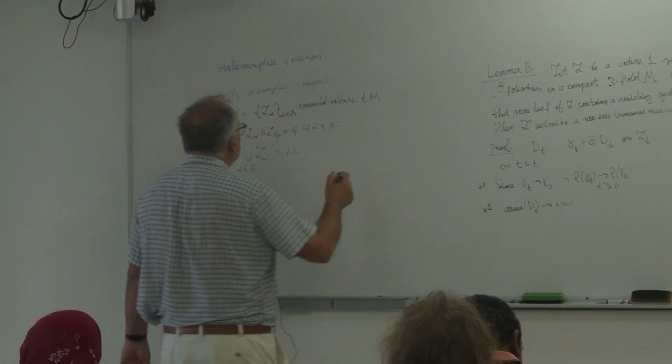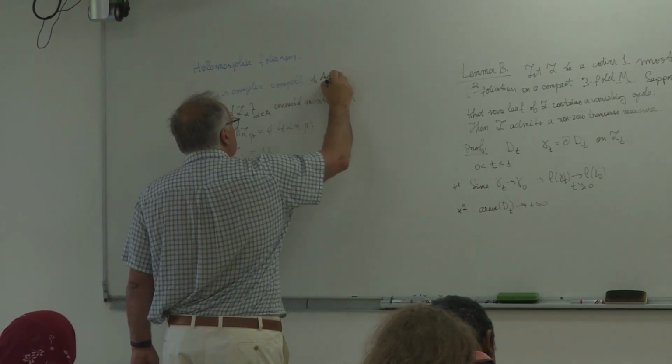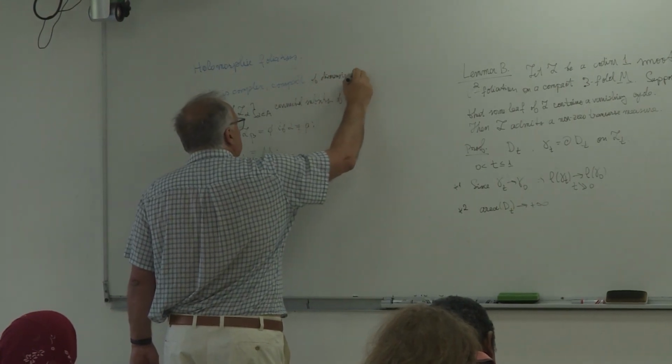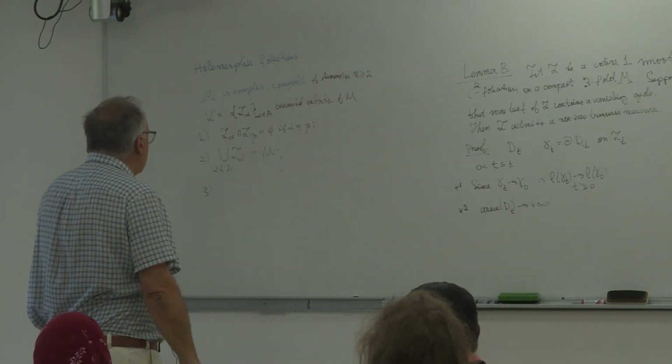M is a compact manifold of dimension n bigger than or equal to 2.